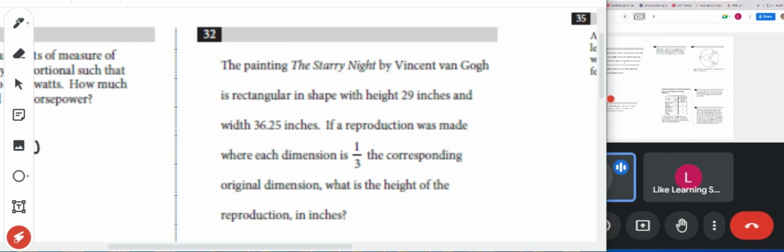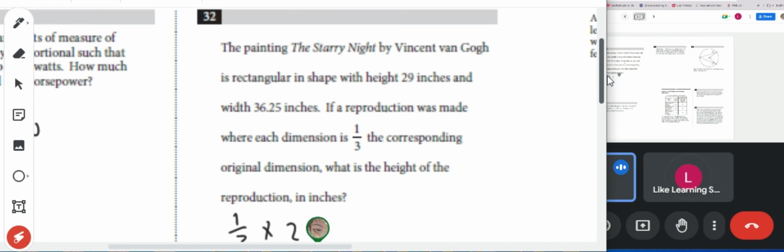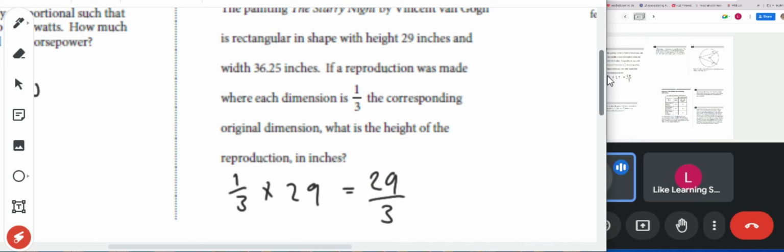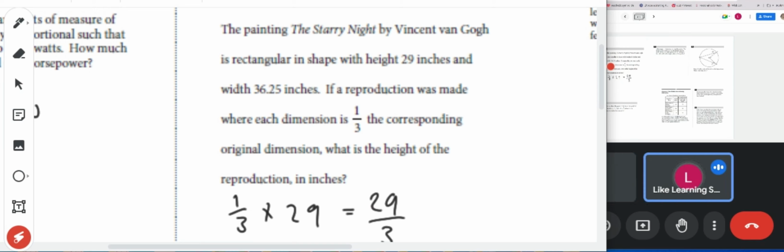Is it not 1/3 times 29? So 29/3. I heard that for the SATs they say to leave things in fraction rather than use decimal. Both methods are acceptable.